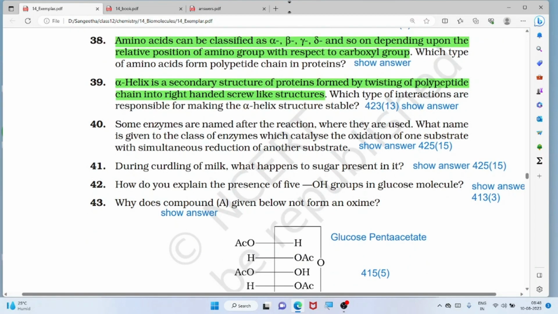Alpha helix is the secondary structure of proteins formed by twisting the polypeptide chain into a right-handed screw-like structure. Which type of interaction is responsible for making the helix structure more stable? This is hydrogen bonding.